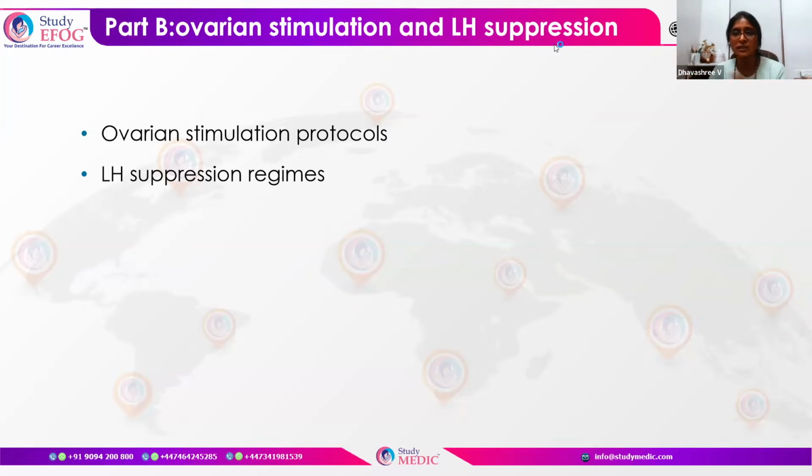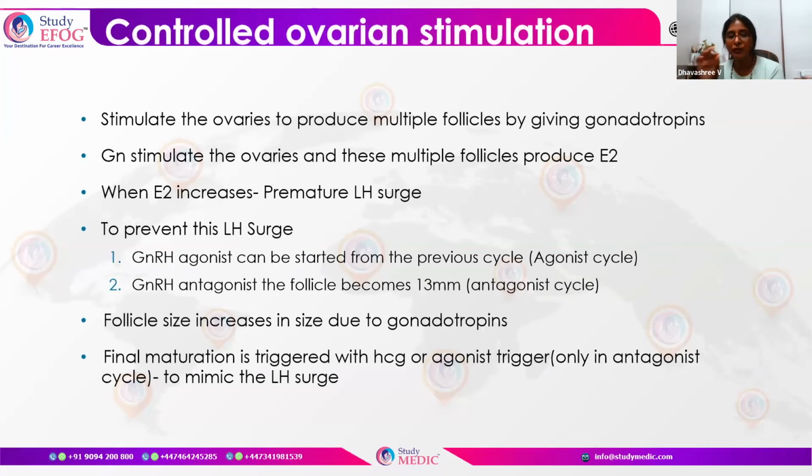What is different in controlled ovarian stimulation? Let us know about the basics of controlled ovarian stimulation. Here, we are particularly willing to stimulate the ovaries so that we get a maximum number of follicles. The basic idea is to stimulate the ovaries to produce multiple follicles, which is achieved by giving gonadotrophin.